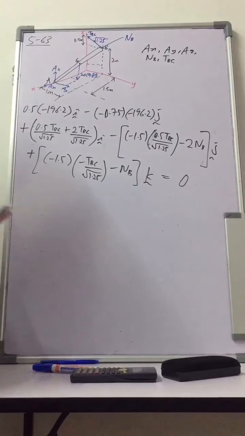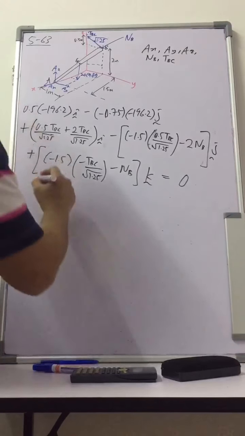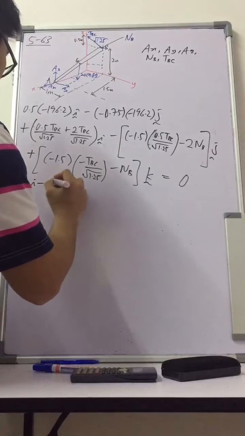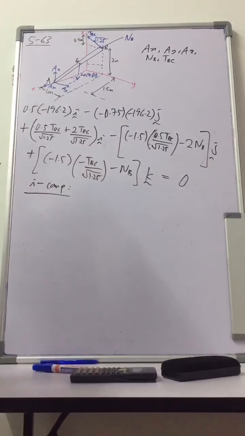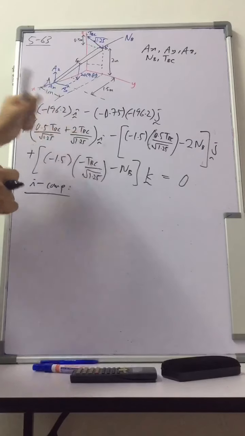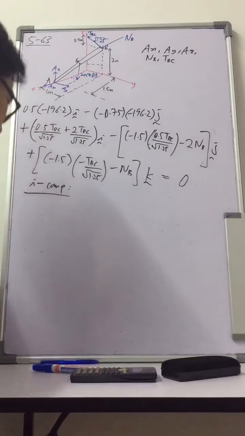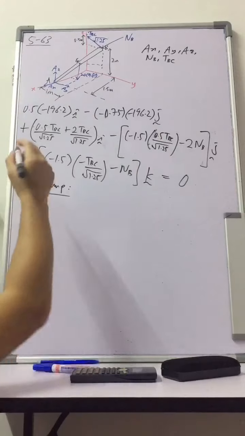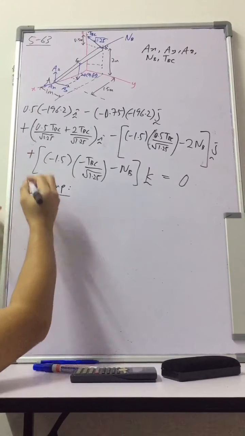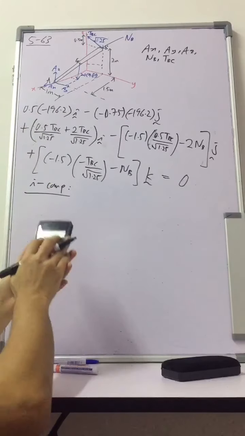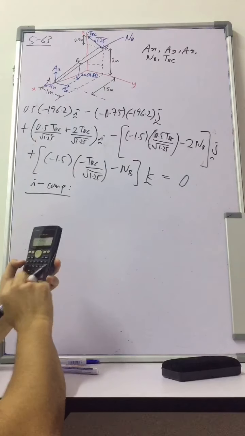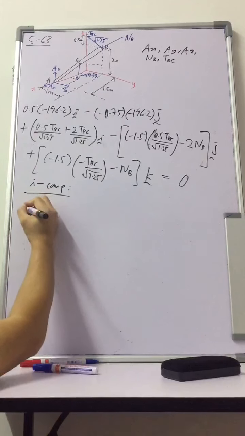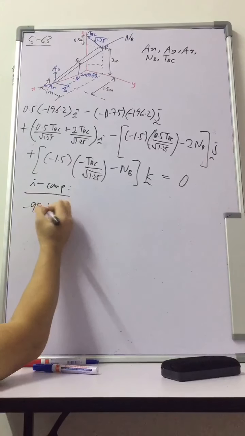So if you go to the I component, or X component actually, you can solve it right away, because you just have one unknown, which is TBC. So it is 0.5 times 0.5 times minus 196.2. It is minus 98.1, right?